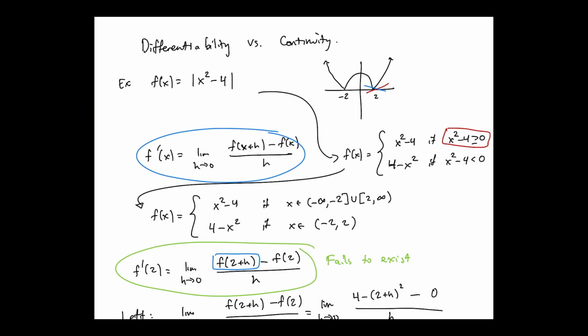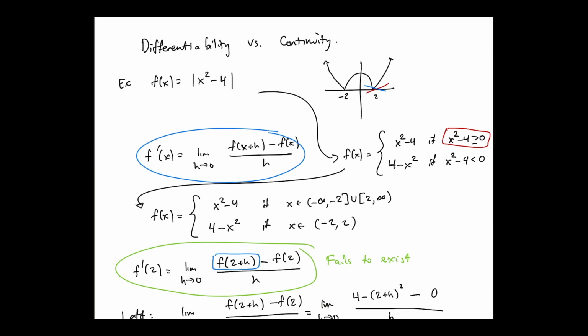Yeah. Okay, good. Okay, so just because a function is continuous at a point doesn't mean that it's differentiable at a point. And we've just found an example, there's tons of them, of a function that's continuous but not differentiable. Okay, make sense?